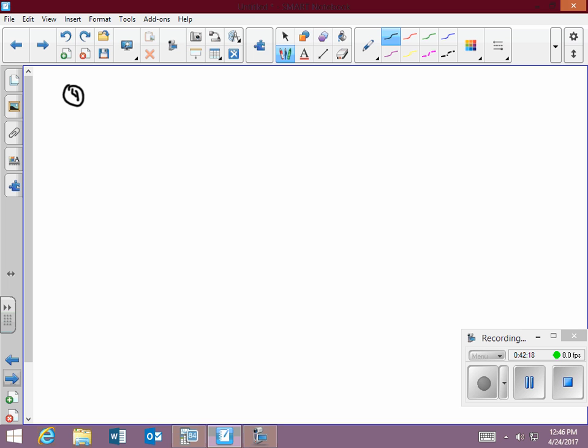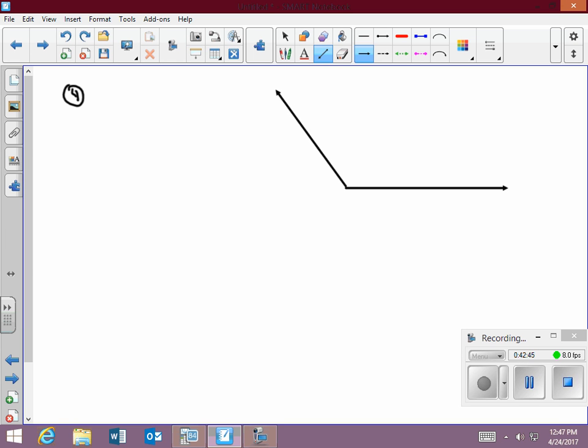Number 4 says draw an obtuse angle. Use your compass and the straight edge to construct another angle whose measure is twice angle A. So that's an obtuse angle, right?